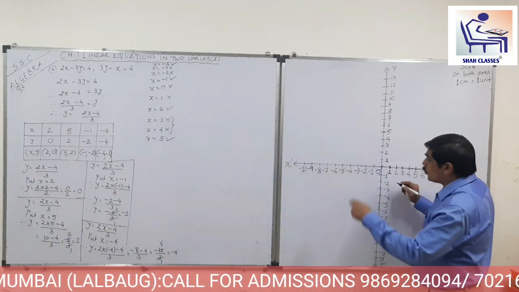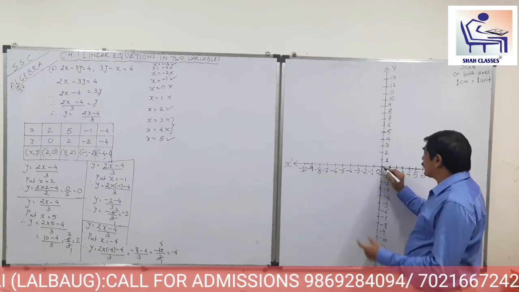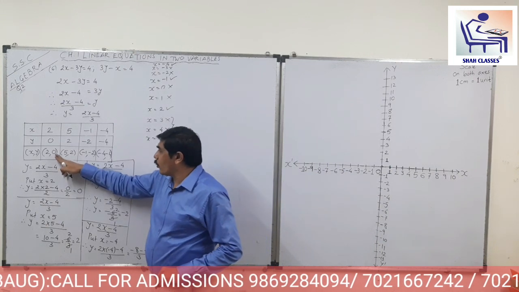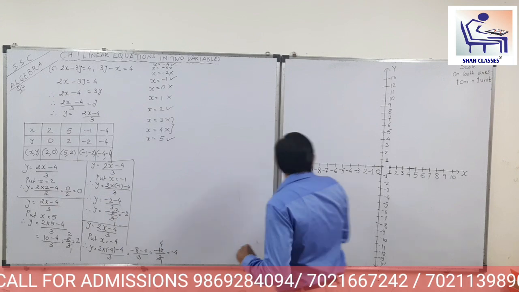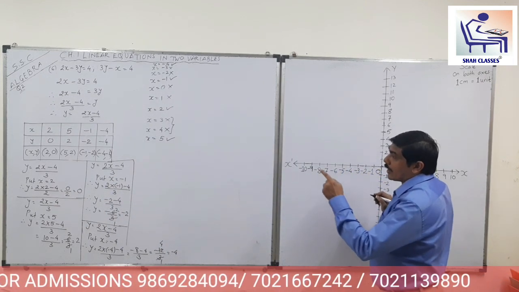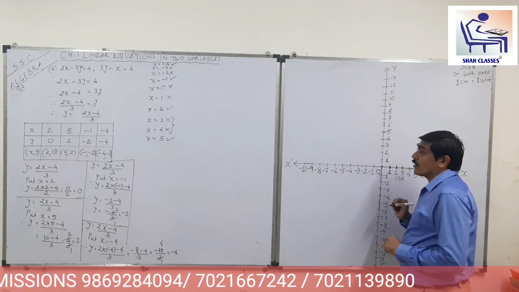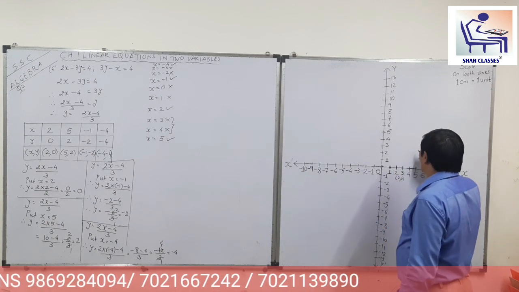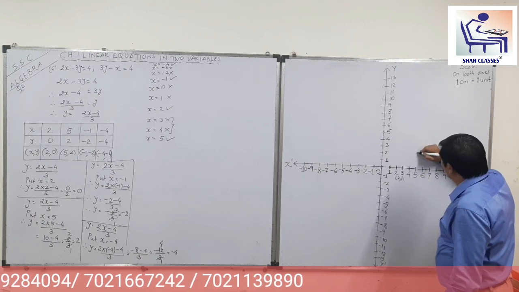We have to plot all these points here. First point is 2, 0. So on x-axis 2 and on y-axis 0. Remember, whenever your y coordinate is 0, it means your point lies on the x-axis. So here your first point is 2, 0. Then second point is 5, 2. So from here I am taking this 5 and 2.